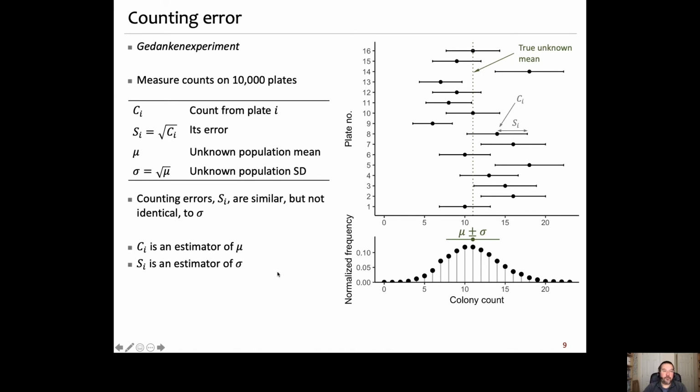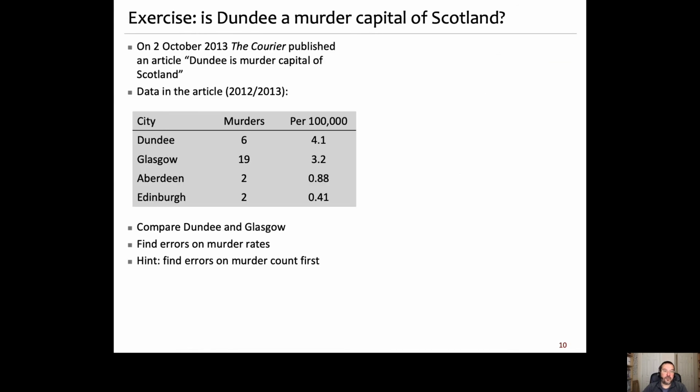But since we know how to use errors on counting distribution, we can have a look at this example. In October 2013, our local journal, The Courier, published an article with the title, Dundee is Murder Capital of Scotland. In this article, they didn't publish a nice table like this, but there were some numbers scattered along the article. Number of murders in years 2012, 2013.